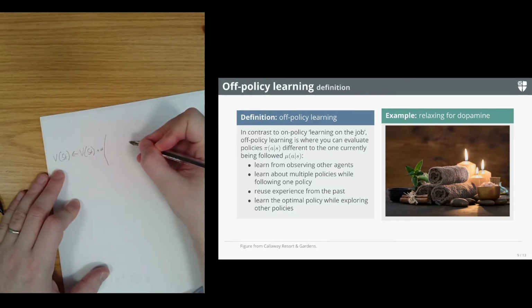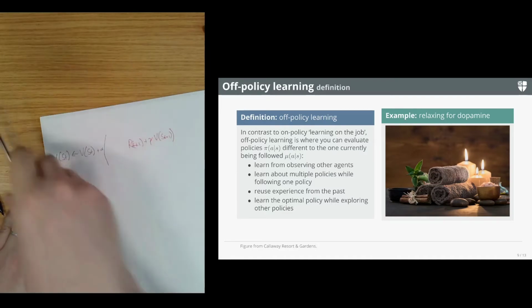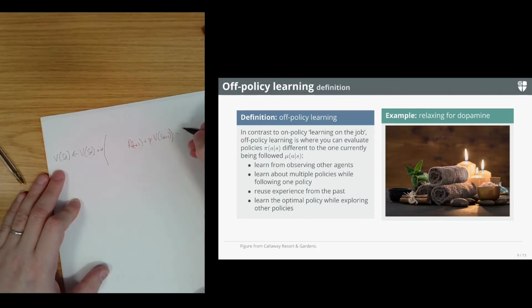So we're going to have the same thing as before: the reward at the next time step, or the immediate reward, plus the discounted, sorry, that's meant to be gamma, value of the next state, S_t plus 1. Okay, then we're going to minus the current value function, so that's what we've just seen.